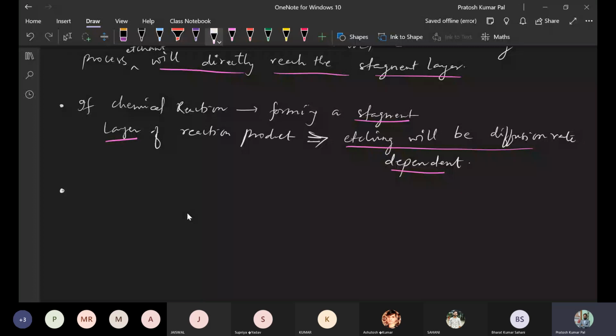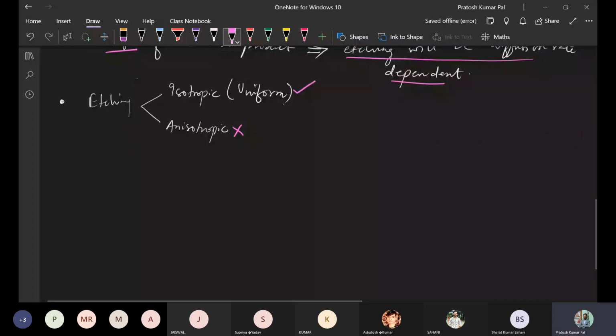That is, we can call it uniform. So in case of chemical etching, the etching process is uniform. It is not anisotropic. So what does uniform mean? We will see that.